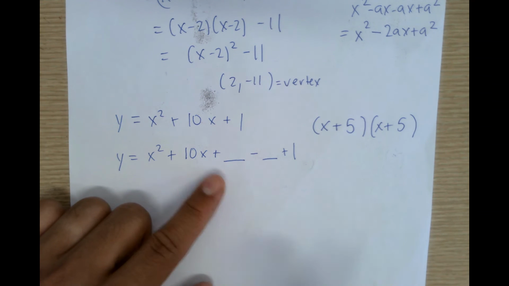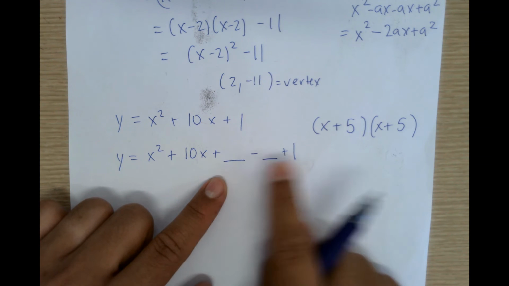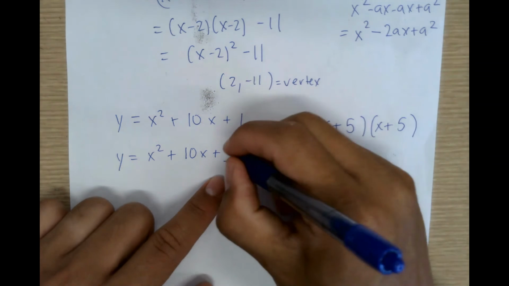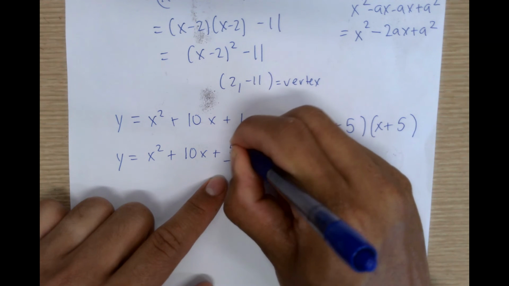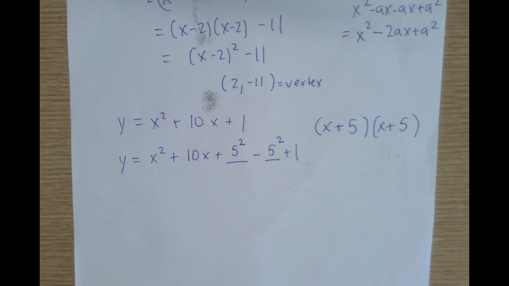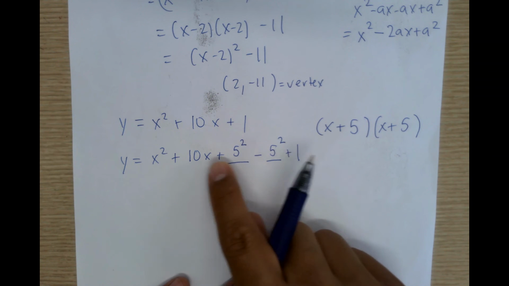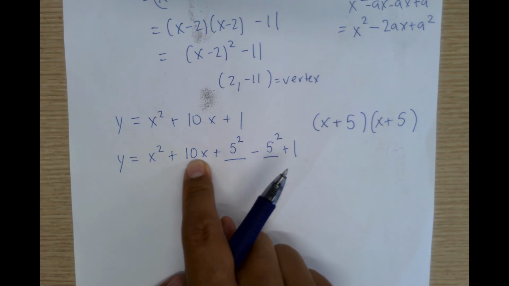The number that we're going to add here is going to be 5 squared, and this is going to be 5 squared. So this 5 we know is half of 10, and we're going to always square it.